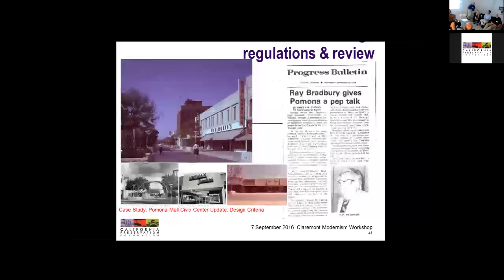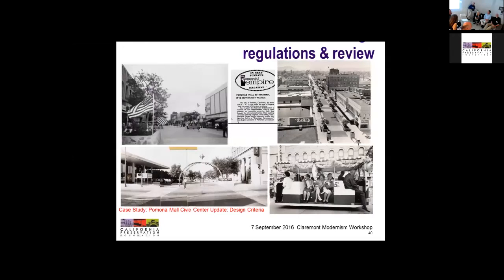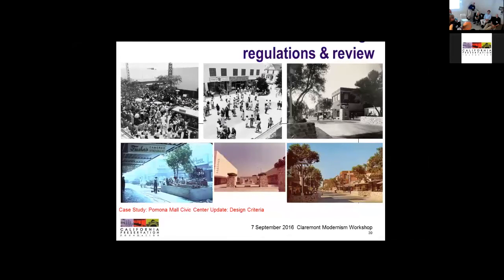And things that Lawrence Halprin introduced, which were water elements that invited the pedestrian to linger, to play, those kinds of things. So I would say mall evolution has come a long way since those very primary pictures.